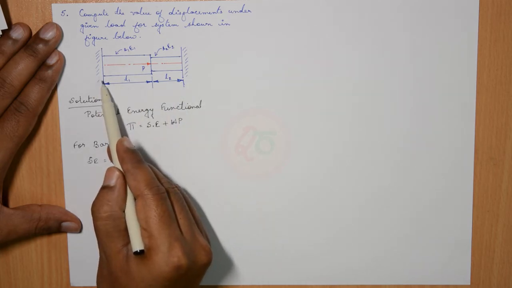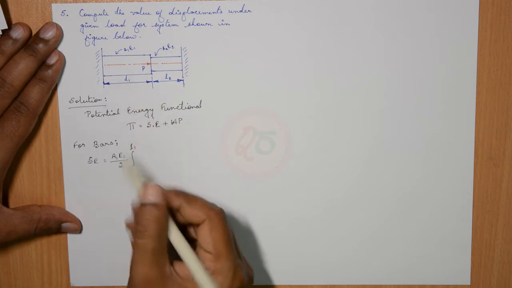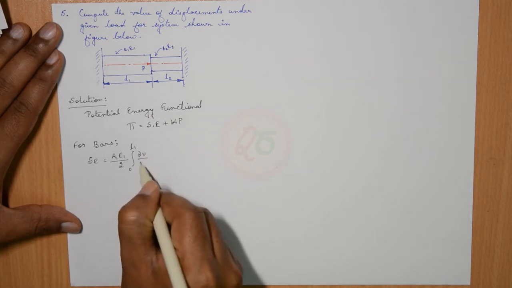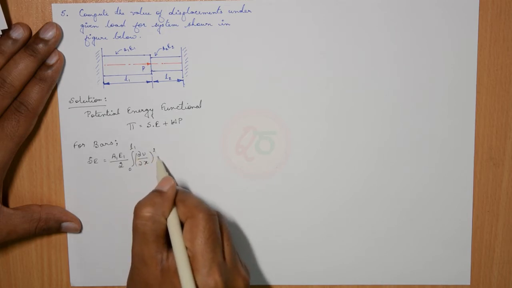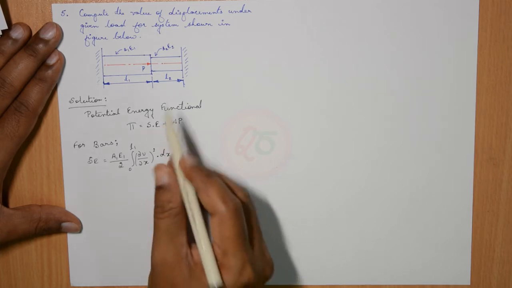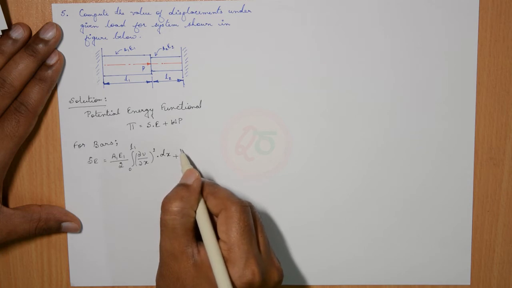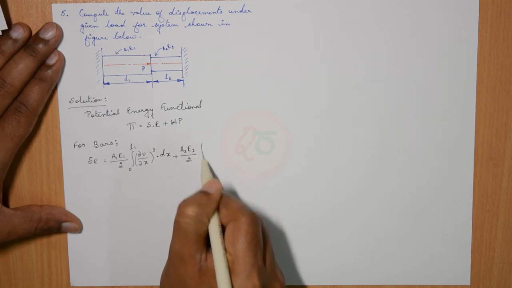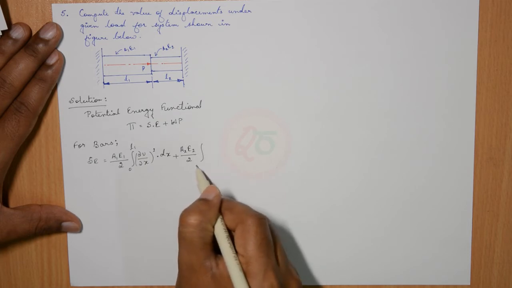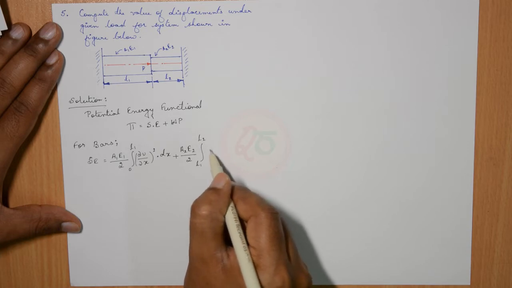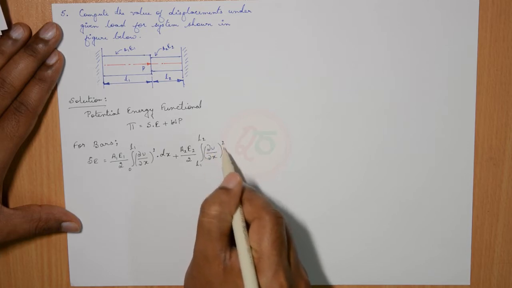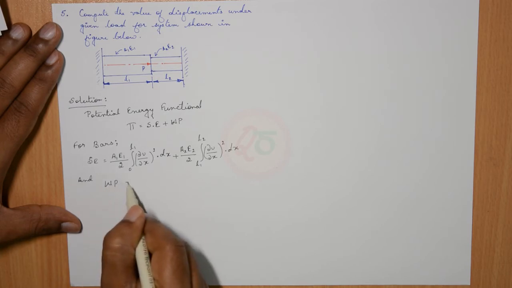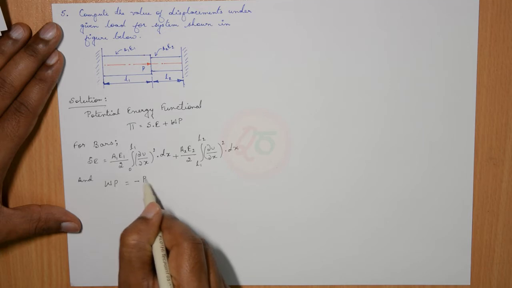Length at the leftmost end is 0, and for the length L1, the area is A1 and the elastic modulus is E1. dou U by dou X whole square into dx, plus we have one more bar that we can assume as a different bar, and its area is A2 and its modulus is E2 divided by 2, and its limits are from L1 to L2. dou U by dou X whole square dx, and work potential is, it is a point load, hence it will be minus P U1.